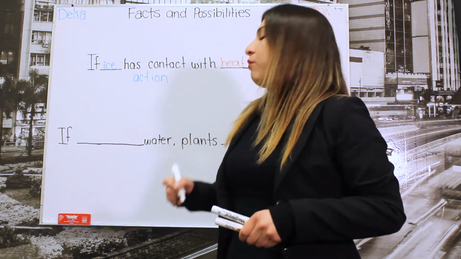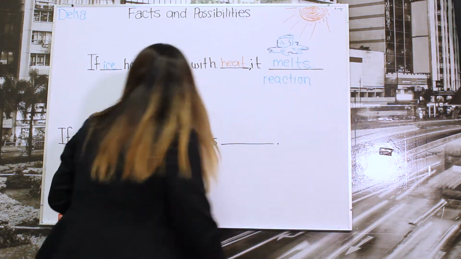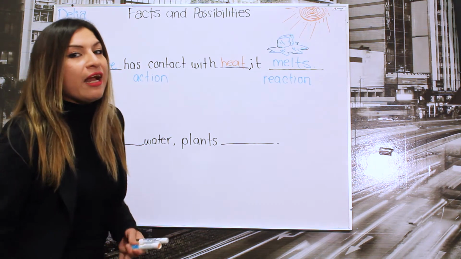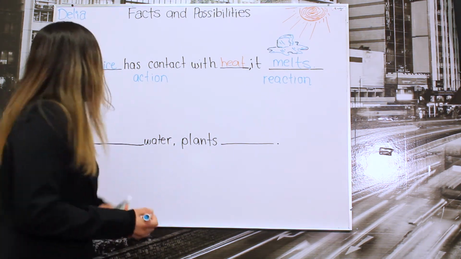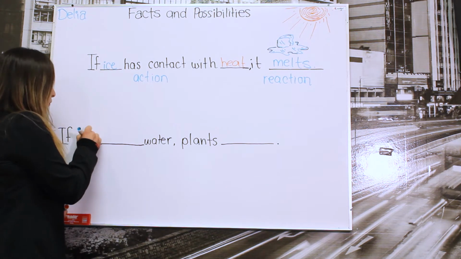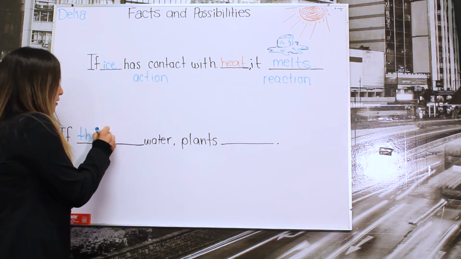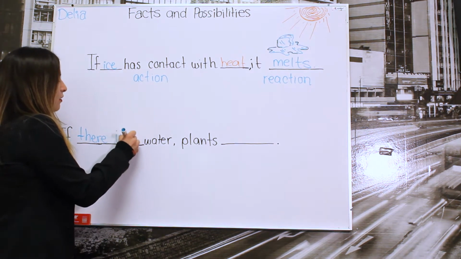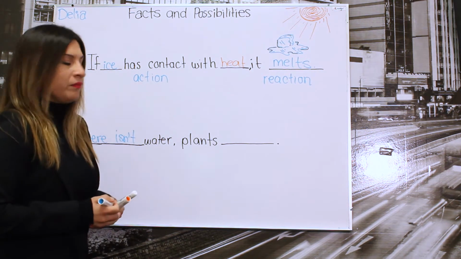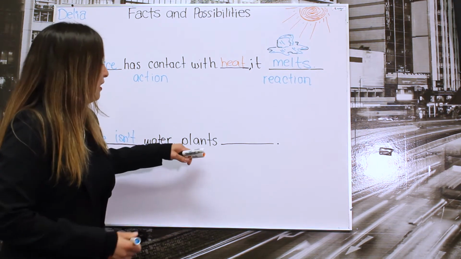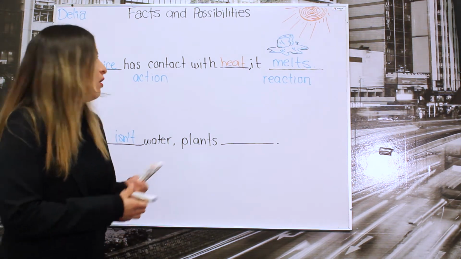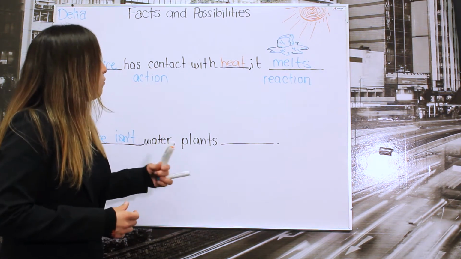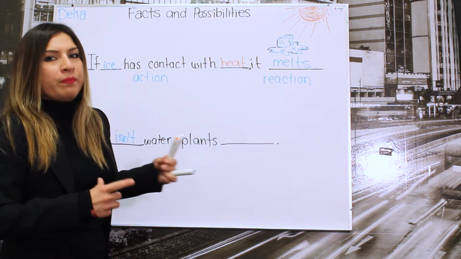Okay, so I write here. In this case, it has to be a negative idea because water is essential. So if there isn't water, what is going to happen with the plants? The plants are going to die. But like I told you, we need everything in simple present.